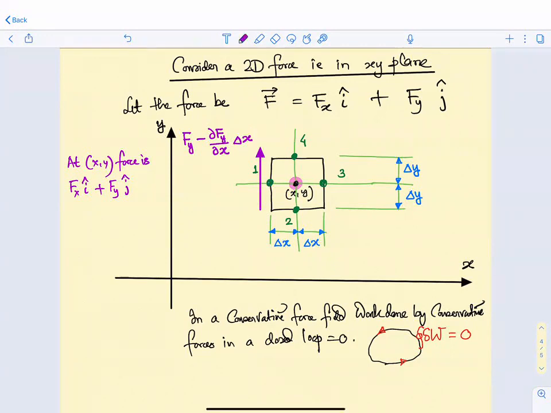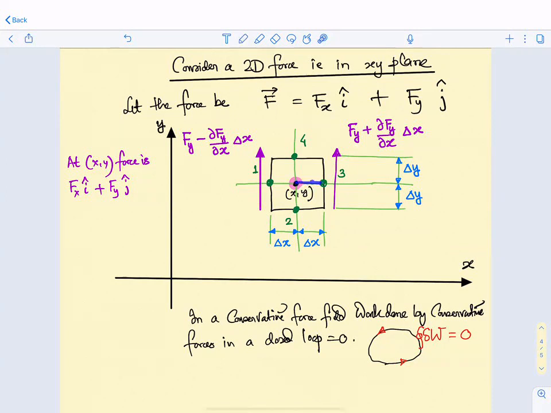And in the same way at 3, this force is fy, I mean the y component of the force, plus del fy, again del x multiplied by del x. That is it, na? The rate of change with respect to x multiplied by the change in x.